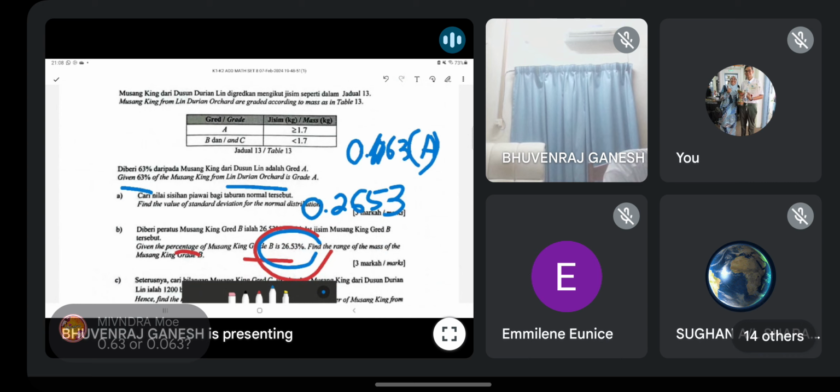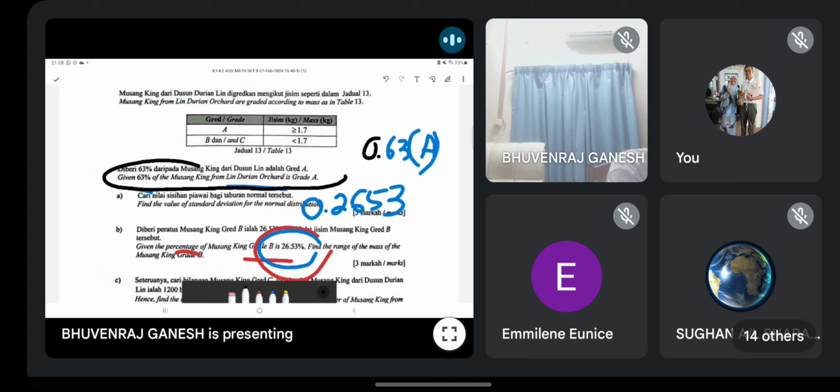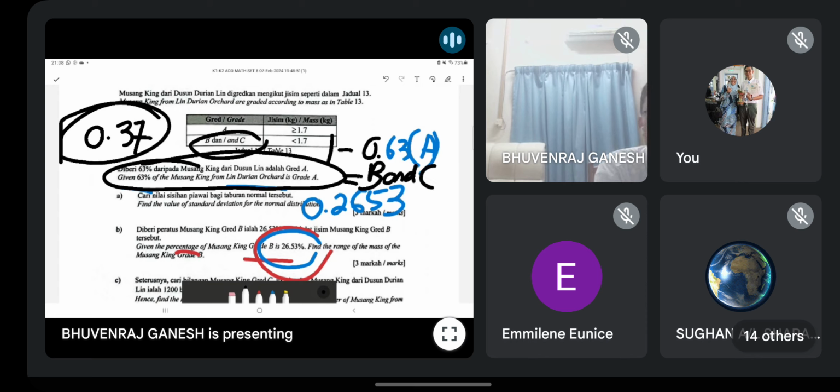This is 0.63. Sorry, I counted wrongly. 0.63 is grade A. So basically, Haida, B and C total will be 0.37. Am I right? Yeah. 1 minus grade A, you will get B and C, which is this value, 0.37.